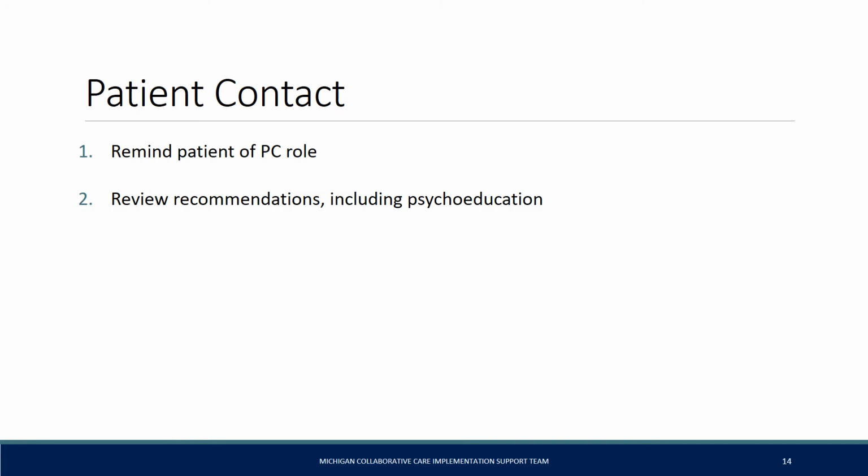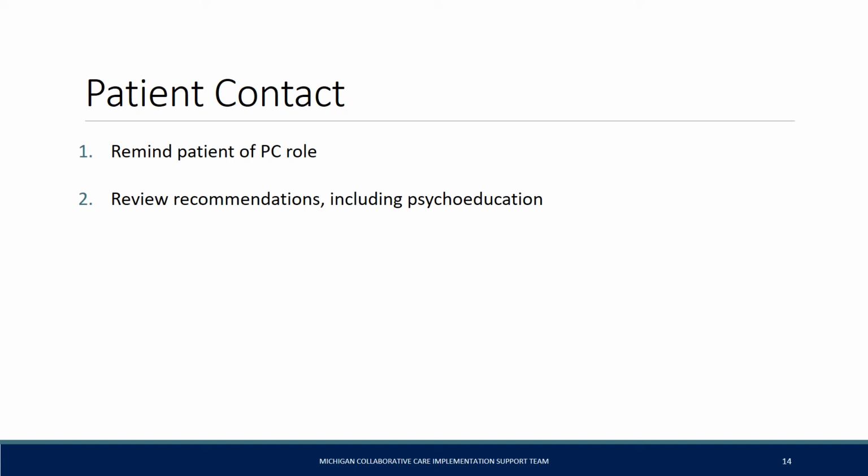Then you'll probably want to review your recommendations. So you're welcome to have that psychiatric consultant's note right up in front of you if that's helpful. And you can read through those, including any behavioral interventions, medication recommendations, psychoeducation that might be in there. If there is, for example, a medication recommendation, it can be really important to give good education about that.